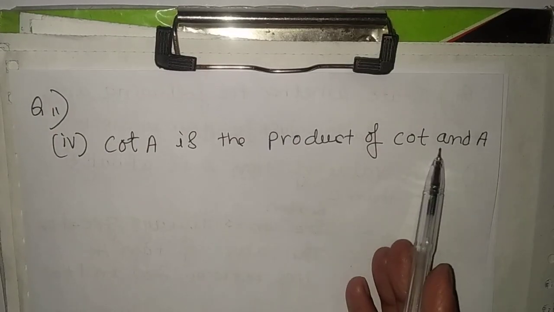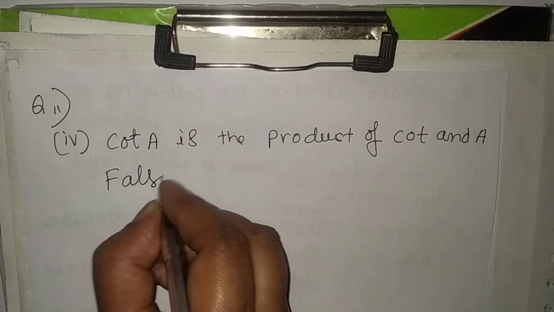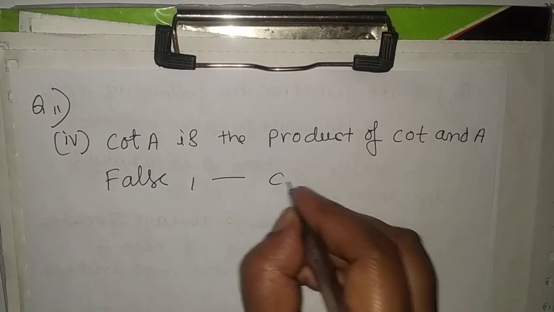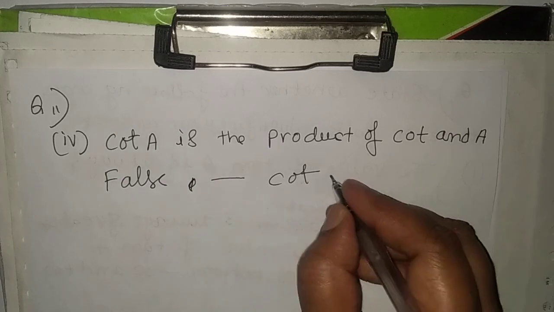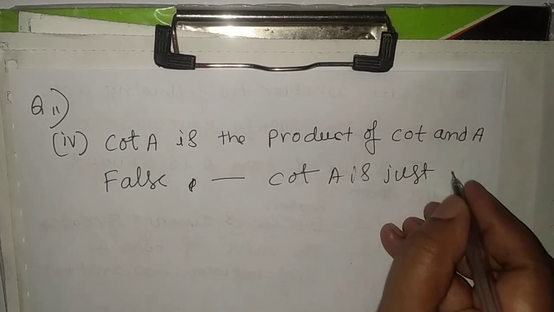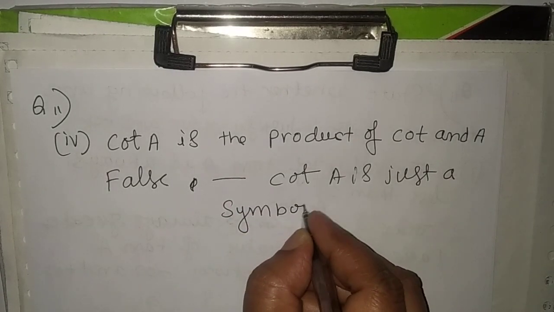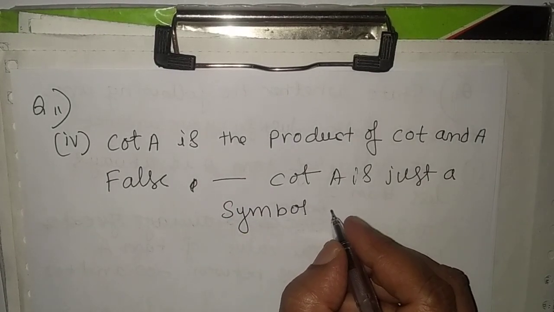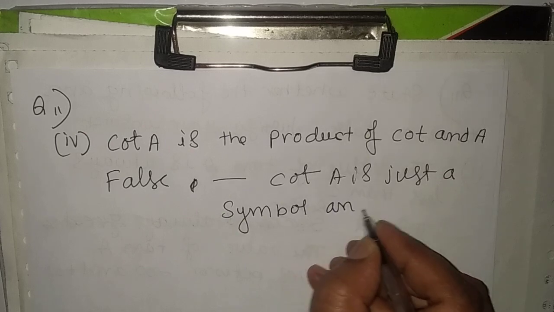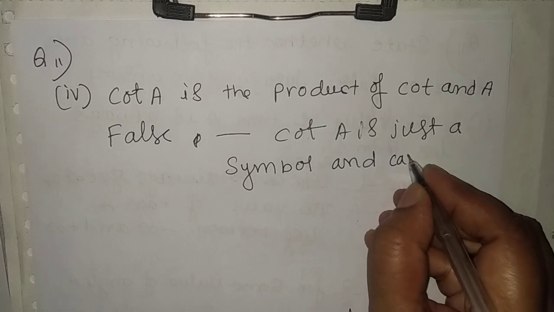Now we move on to the fourth one. Cot A is the product of cot and A. This is also false. It's not a product. Cot A is just a symbol and cannot be written separately.